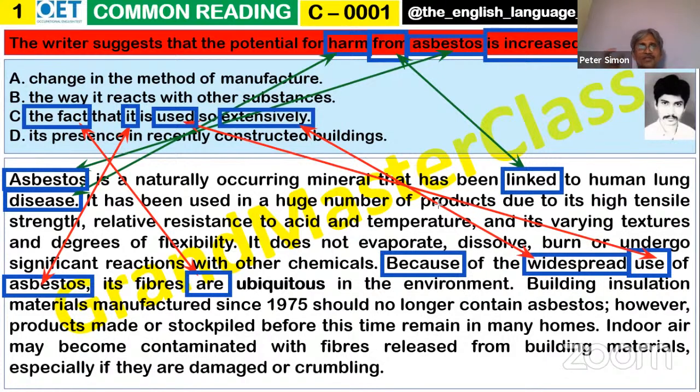Now try to understand this one very clearly. Now you see the relativity of the sentence here. How they are linked. So you have to identify because means by, because of the government. Because of the government there is lockdown.